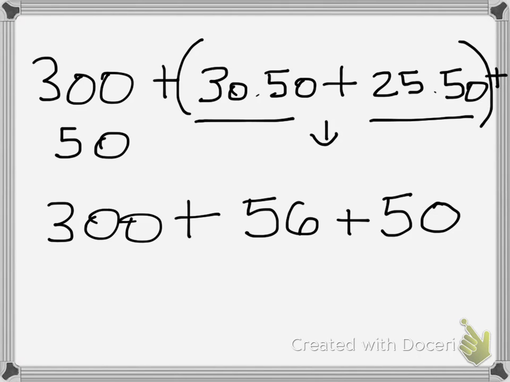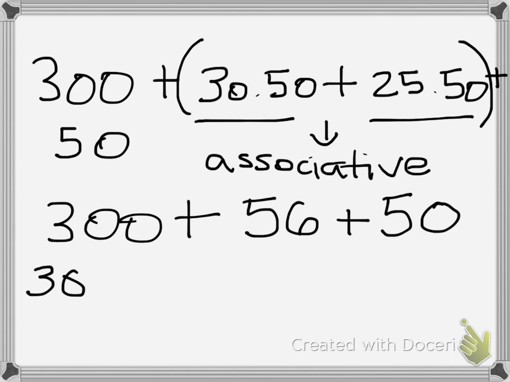So far we've used the associative property by grouping what I wanted to do first in parentheses. Now I use the commutative property, which means to switch the order of numbers in order to do them first, or to work with them first.